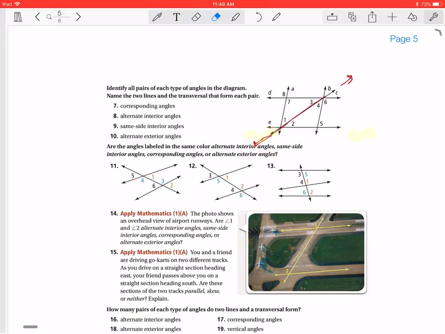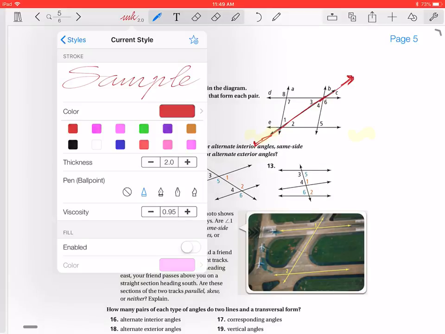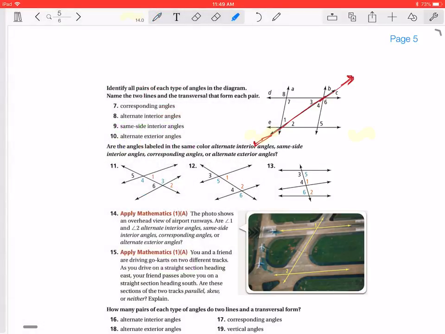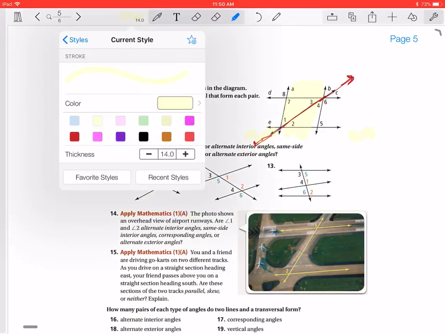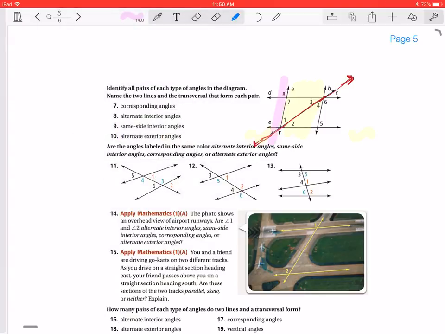Now, line C also transverses A and B. So let's look at A and B. This is interior and this is exterior. Again, there's nothing that's corresponding, meaning in the same position on the transversal, so there are no angles on that.